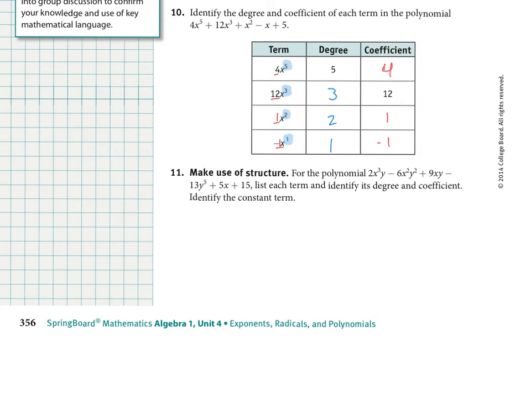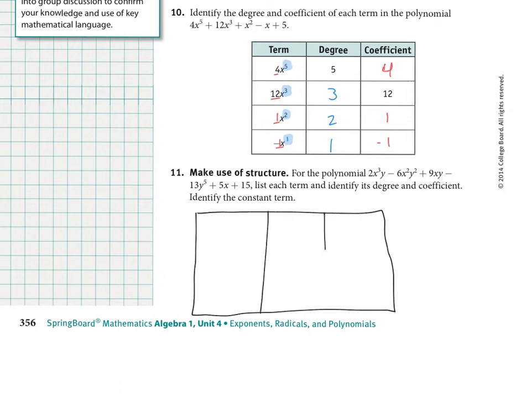I'm going to go ahead and make a little bit of a table so that way I know I can fill in my information. Just like I have above, I'm going to divide it into 3 parts. And what I'll do at the top is I'll say this is my term, this is my degree, and this is my coefficient. And like I said before, our constant term is going to be 15. So we can identify that.